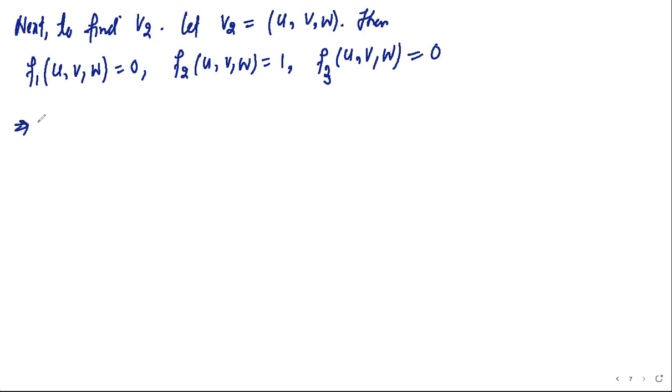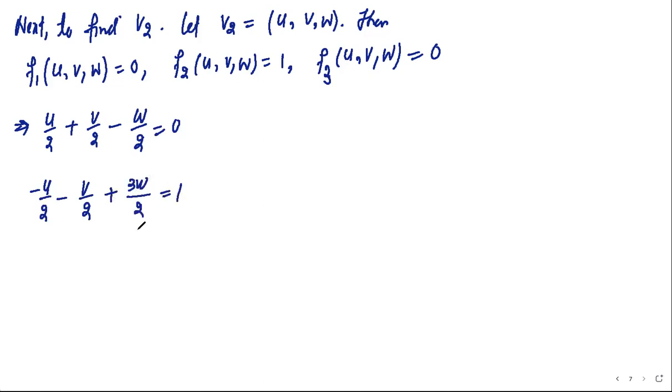So now this equation implies u by 2 plus v by 2 minus w by 2 is equal to 0. The second equation gives us minus u by 2 minus v by 2 plus 3w by 2 is equal to 1. And the third equation gives us u minus w is equal to 0.